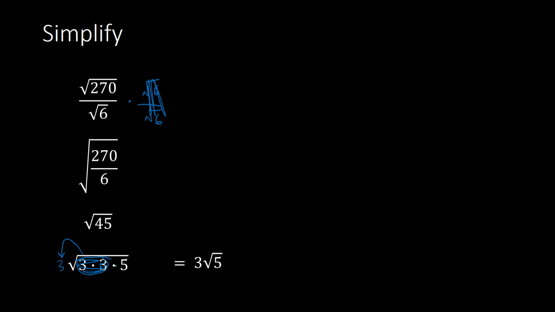So my solution would be 3 square root of 5. So in this case, combining happens to be the easier method for simplifying. So make sure you can use both methods, because in this case, this method, when you combine, is preferred, but there are cases when you might need to get rid of the radical in the bottom by multiplying by the radical.